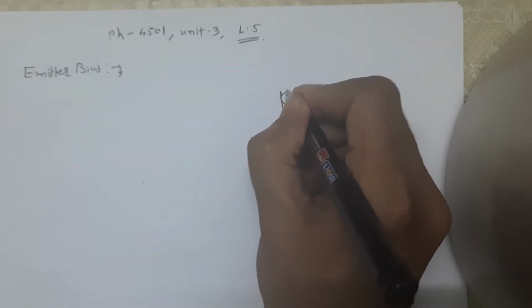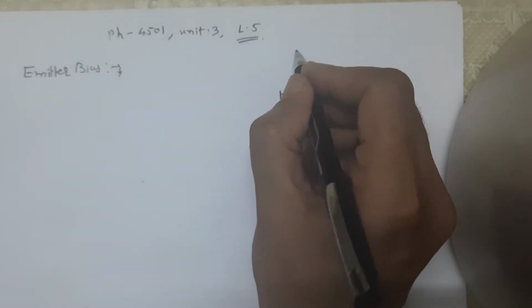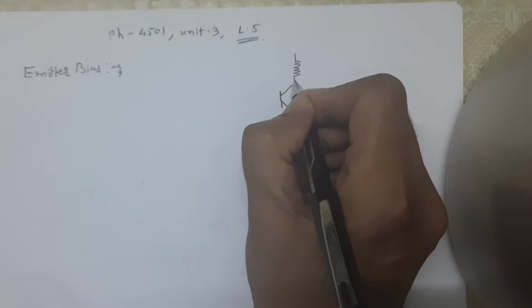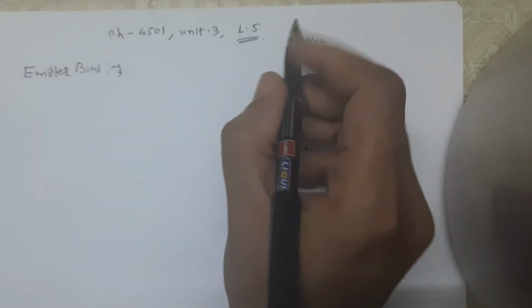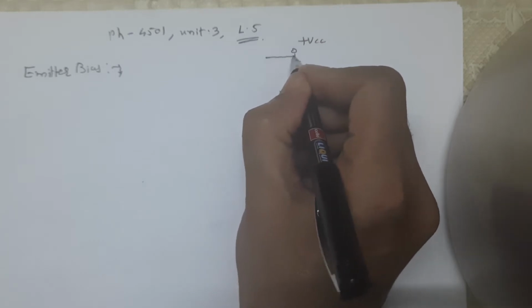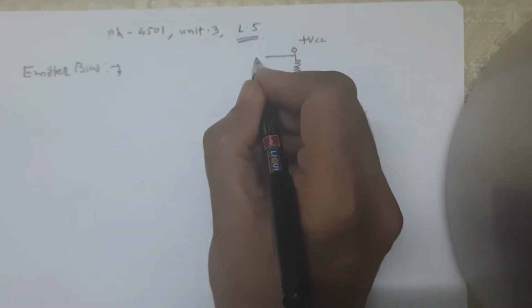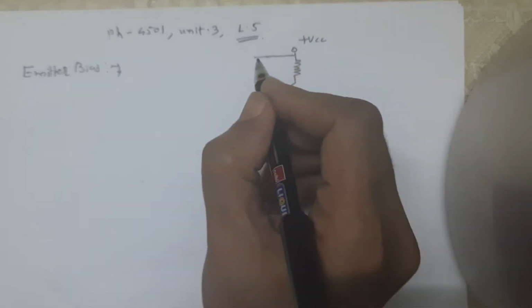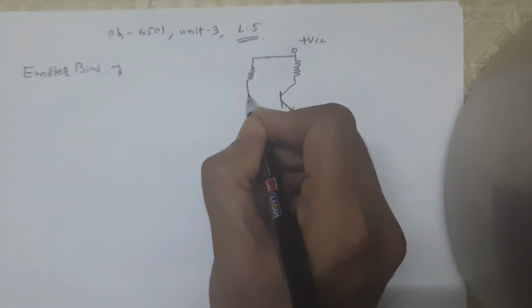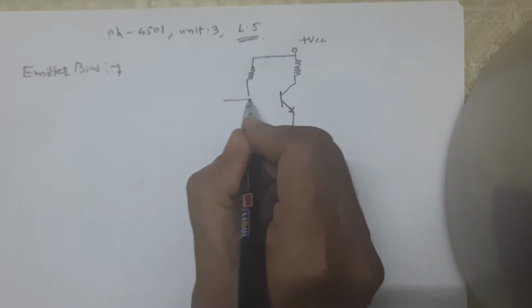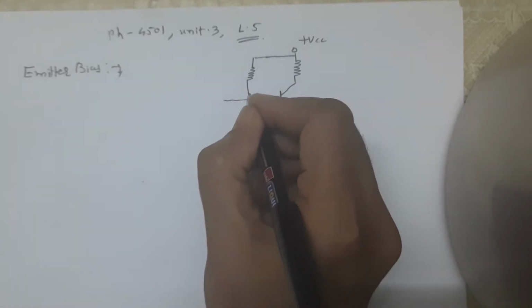This is your collector, then RL, plus VCC. Again RB. This is your RB, connected to the base of the transistor. This is the base lead.